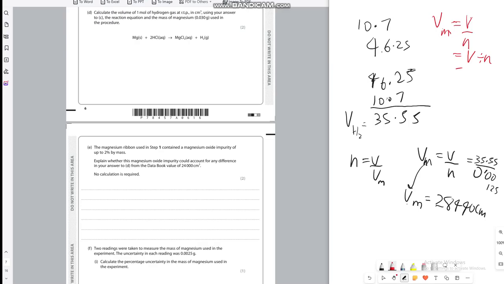The number of moles is equal to mass over molar mass, isn't it? So mass over molar mass. So I can write it as capital M over small m.